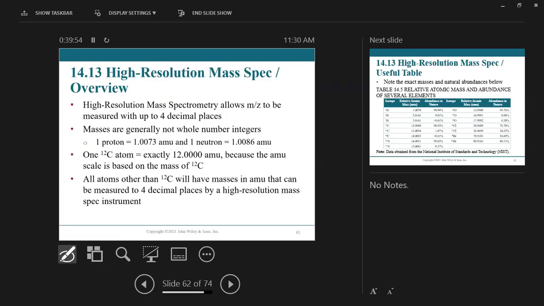High resolution mass spectrometry allows mass to charge ratios to be measured up to 4 decimal places. It says masses are generally not whole number integers. You can see a proton is 1.0073, a neutron is a little heavier, and one carbon 12 atom is exactly 12 AMU because that's what it's based on.